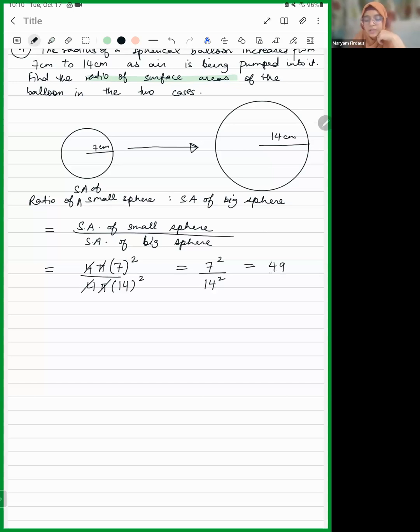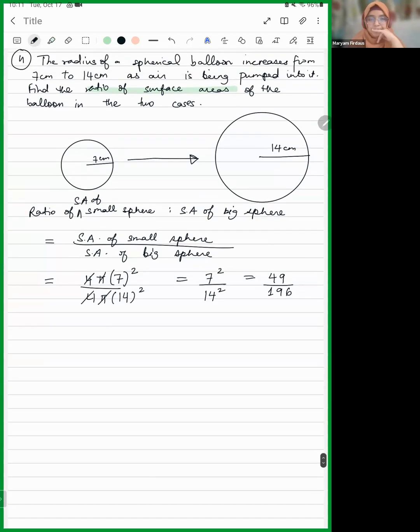Abdul Jabbar, what is 14 squared? You have to remember all these values, okay? You have to memorize them just like you have memorized the times tables. 196. So keep them in your memory.